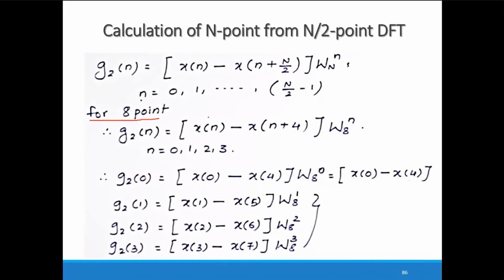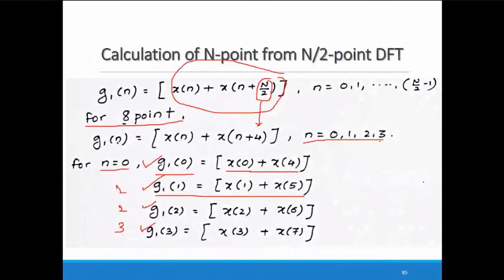G2n is equal to x of n minus x of n plus 4 into omega 8 raised to n, where n is equal to 0, 1, 2, 3. Now G2 0, the first value, is nothing but x0 minus x4 into omega 8 raised to 0. Omega 8 raised to 0 has the value one, so we can directly write x0 minus x4.